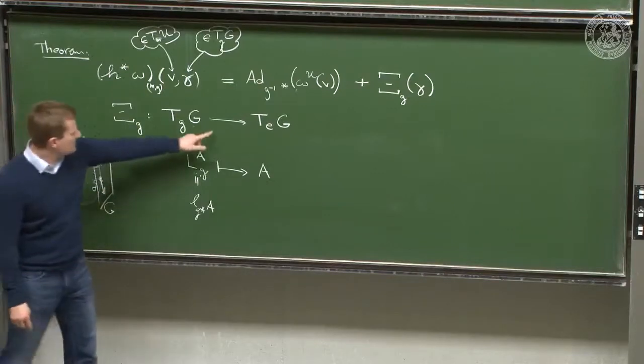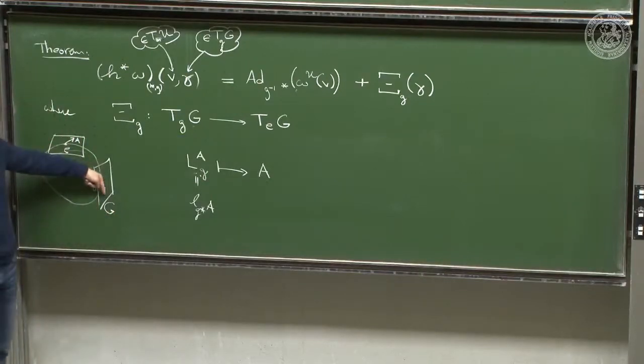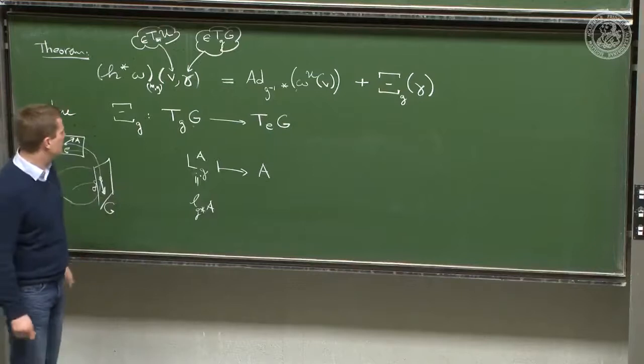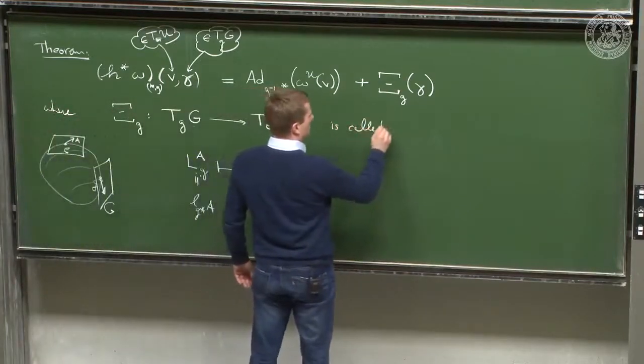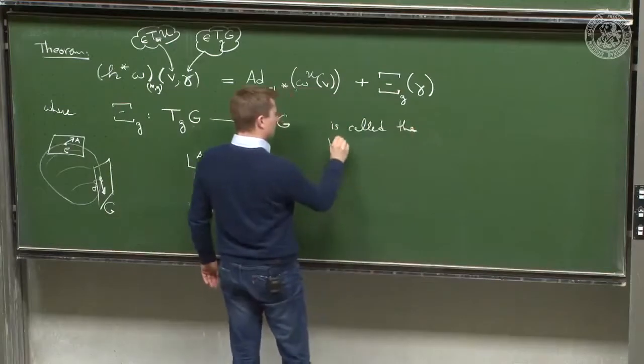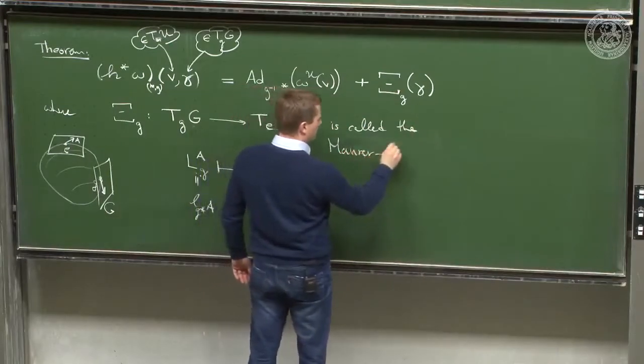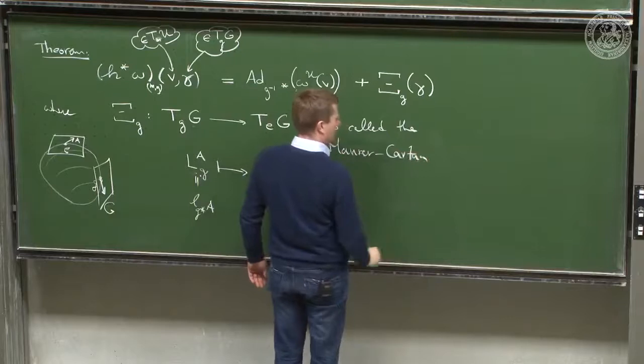And this map is kind of the inverse. You take the vector here and you find from which vector it has been produced. This is what this map does, and this map is called the Maurer-Cartan or Cartan form.